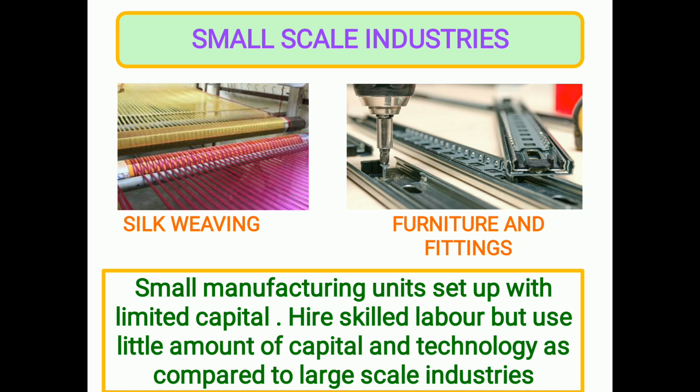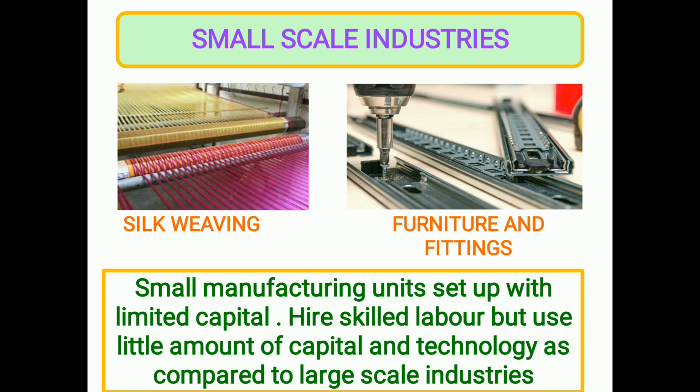They are bigger than the cottage industries but use a lesser amount of capital and technology as compared to the large scale industries. Mainly they produce for domestic markets, and sometimes they also export to global markets.